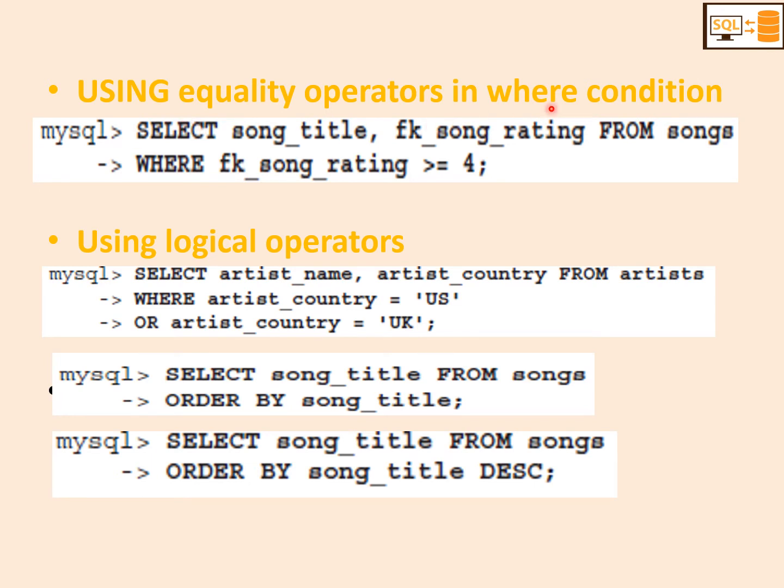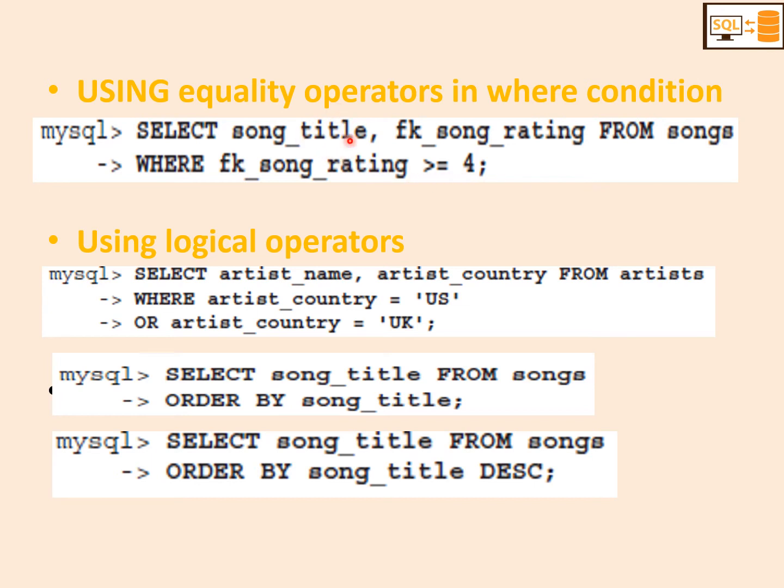Then, using equality operators in the where condition. WHERE is a clause which can be added to any of the different SQL statements. It is used for mentioning a particular condition. So here we can see: select song title, comma, song rating from songs where song rating is greater than or equal to 4.